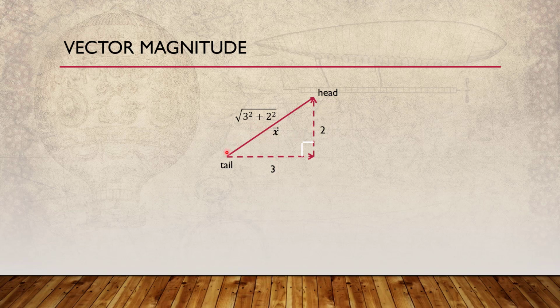The length of this particular side will be the square root of 3 squared plus 2 squared. That is nothing but this particular notation: within this double bar, we write x. That denotes the length of the vector x, or the magnitude of the vector x, and the value will be this over here.